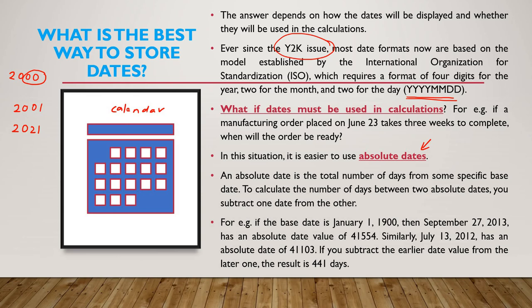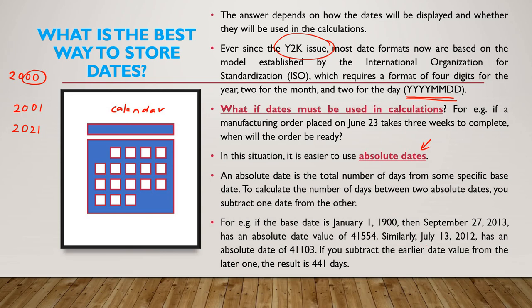Okay? So, absolute date is the total number of days from some specific base date. To calculate the number of days between two absolute dates, you subtract one date from another. Okay, dia bagi contoh dekat sini. Sekiranya the base date is 1st January 1900, okay, then September 27, 2013 has an absolute value of 41554.